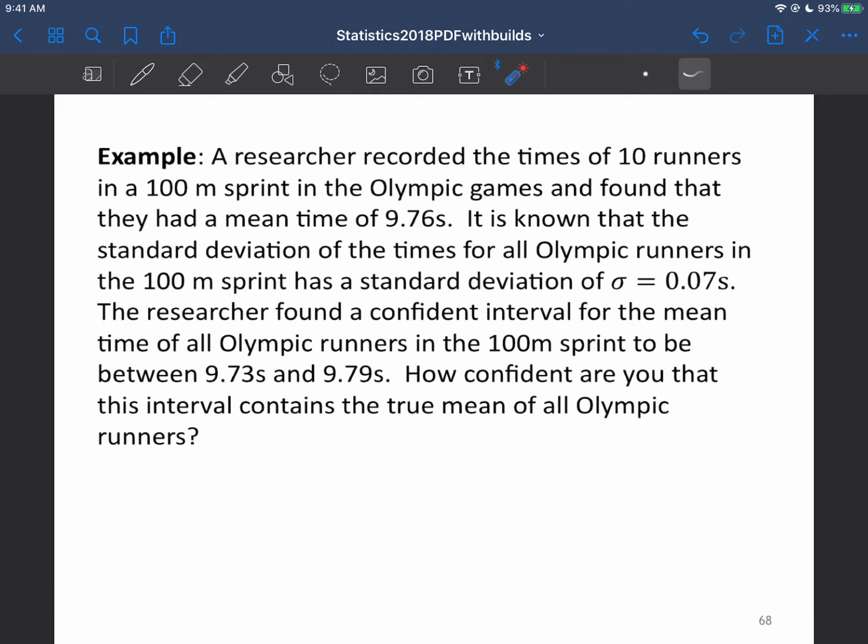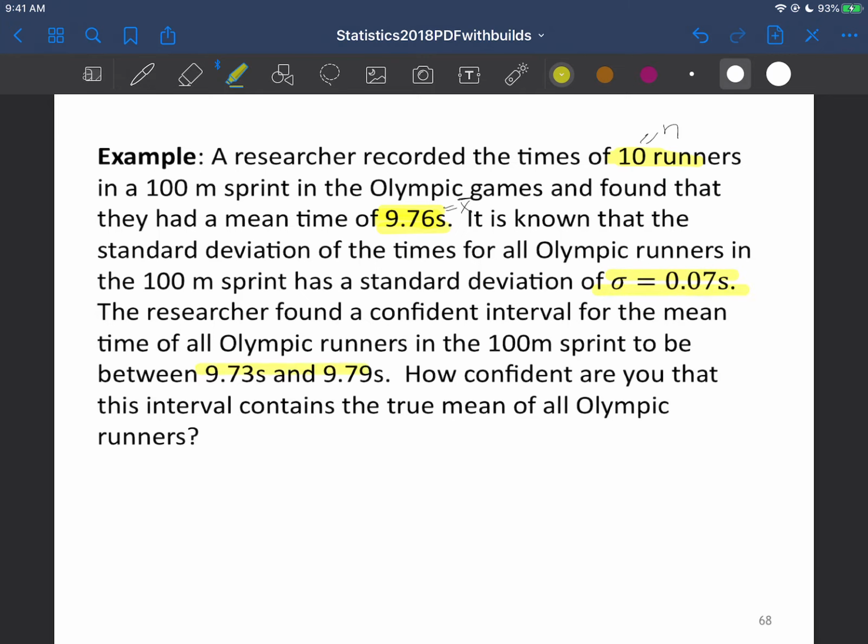All right, so again, let's identify what we know. The researcher recorded the times of 10 runners. That's telling me that n is 10. And he found that the mean time is 9.76 seconds. So here's my x bar. We also know the population standard deviation is 0.07 seconds.